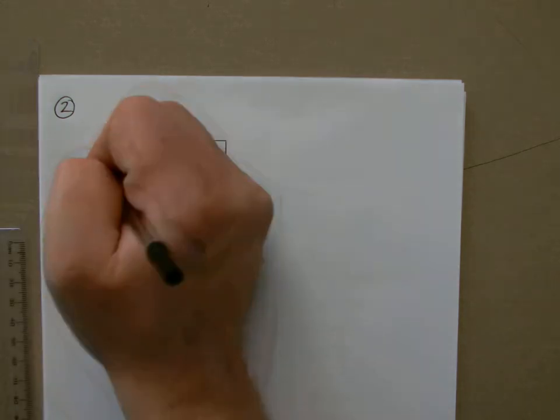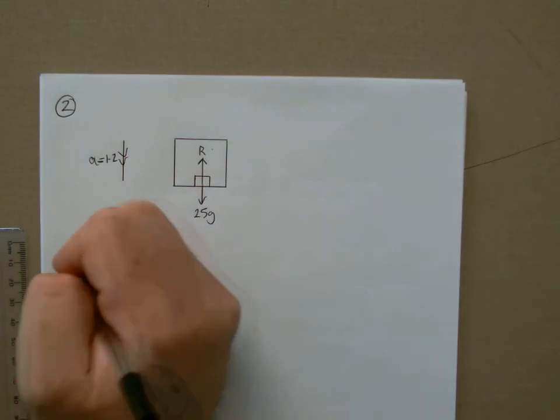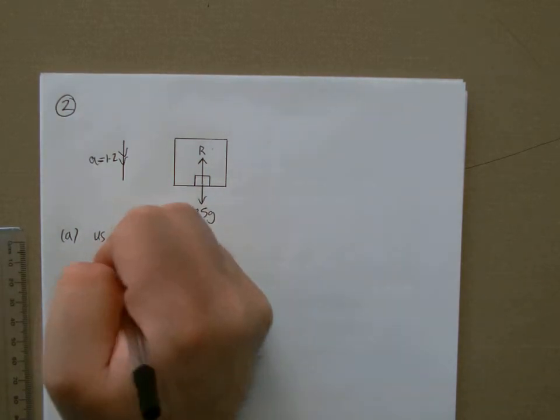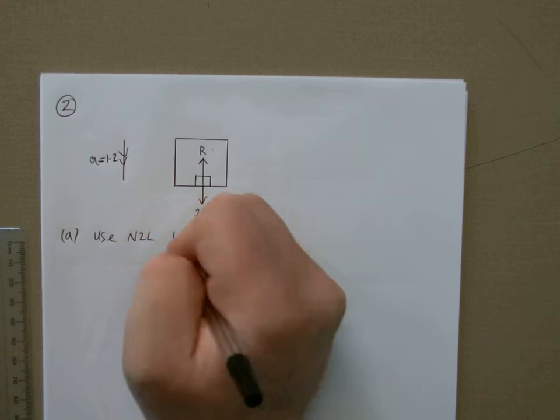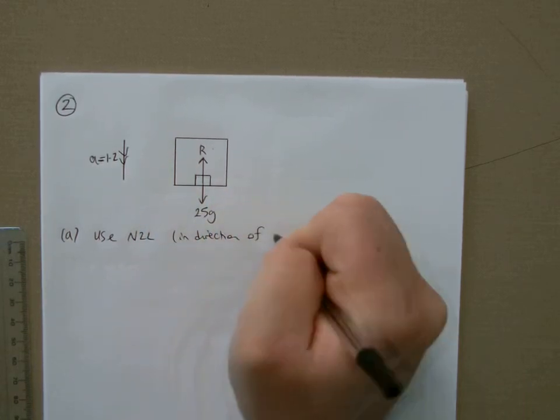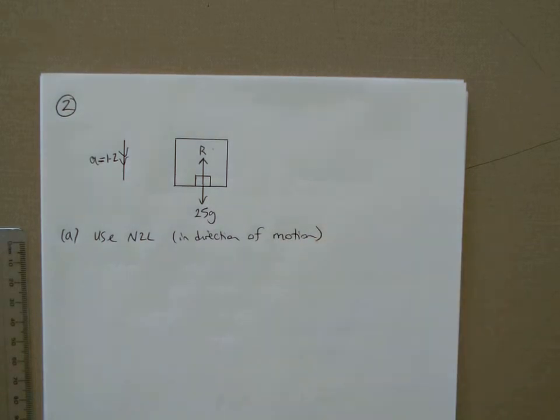Now we know the acceleration is 1.2, it says in part A, and we want to find the reaction. So we use Newton's second law in the direction of motion. Always consider the way the lift is actually going, whether it's accelerating or decelerating to a stop.